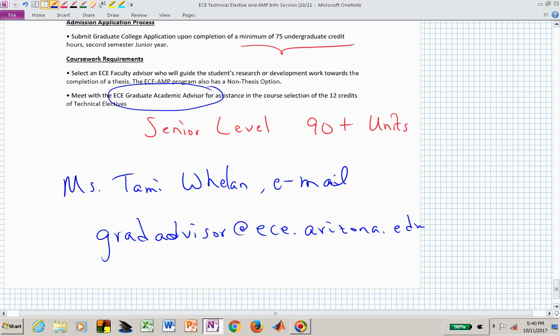So you do want to be planning ahead if you're interested not only in the AMP, but also your technical electives. And like I said, if you have some extra time or extra units to use because you've already met all of your degree requirements, you might think about putting some into a basket for graduate school.